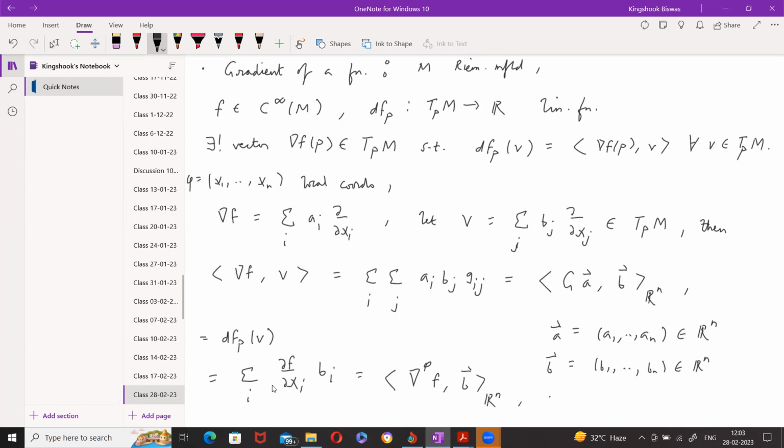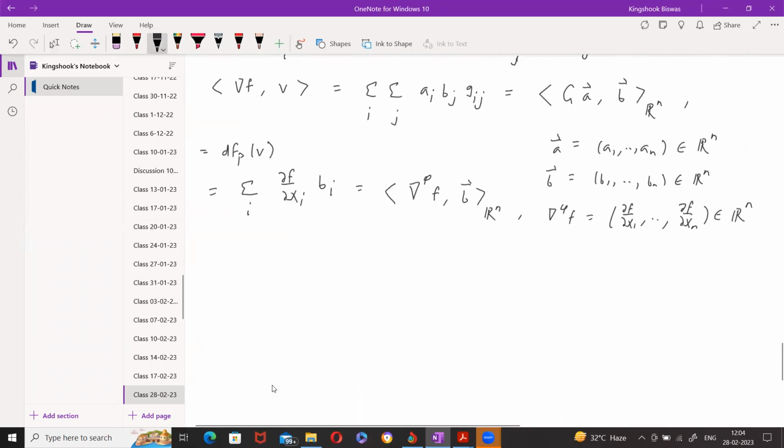This is the gradient in Rn of f when you think of f as a function on Rn using the chart phi.